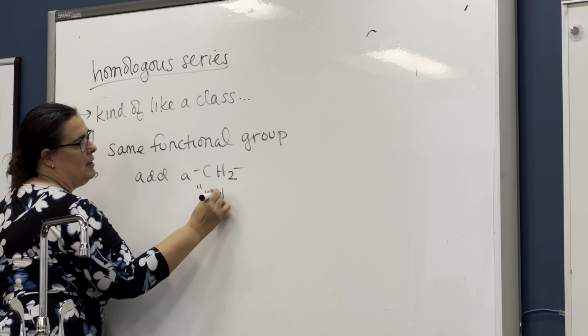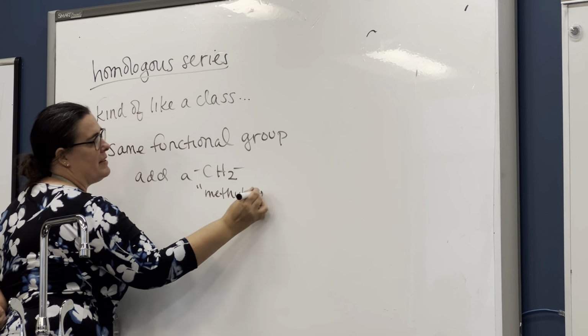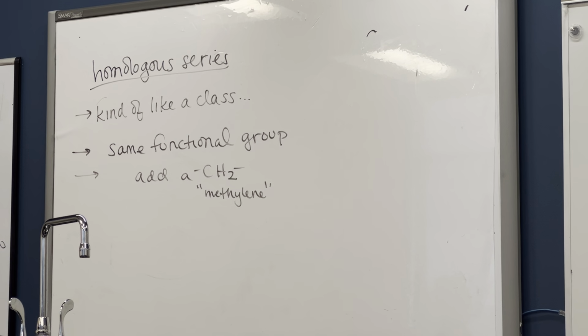We call that a methylene group in my culture. So CH4 is methane, CH3 is methyl, and CH2 is methylene. We'll use that a lot in chapter 11 and not much today, but just because I wrote it down, I thought it was a good definition moment.